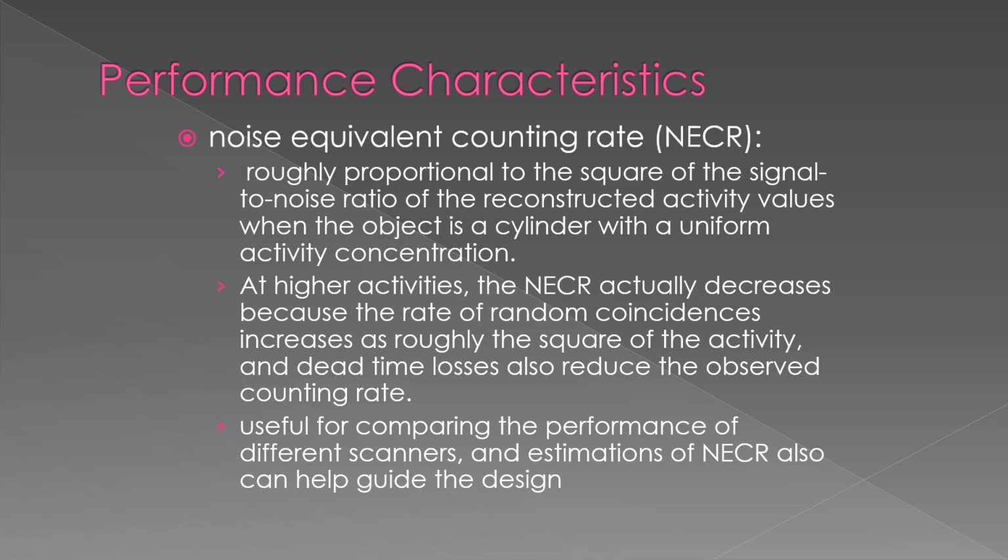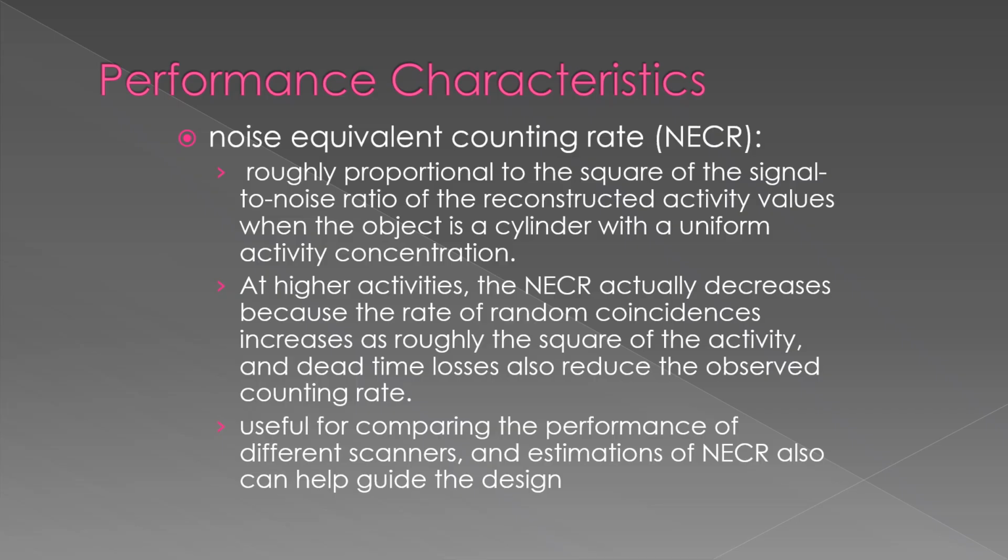Noise equivalent counting rate is an important term when we talk about PET. This is roughly proportional to the square of the signal to noise ratio. Remember, the signal to noise ratio: signal is what we want, and the noise is what we don't want. So this is our ratio of the counts of radioactivity that are in the patient versus the electronic noise that's created by the scanner.